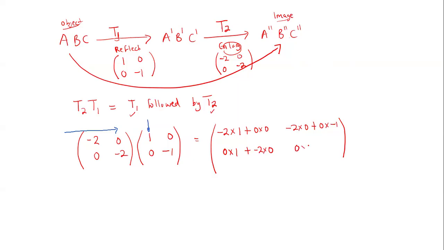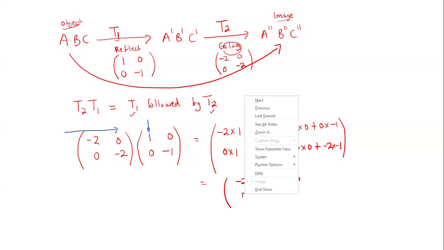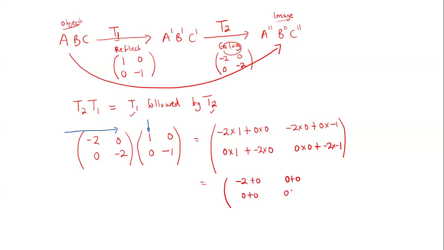Then 0 times 0 plus -2 times -1. Then it's -2 plus 0, 0 plus 0, 0 plus 0, then 0 plus 2. So we get [-2, 0; 0, 2]. Okay. Thank you. So I hope everyone that is the matrix you have come up with.